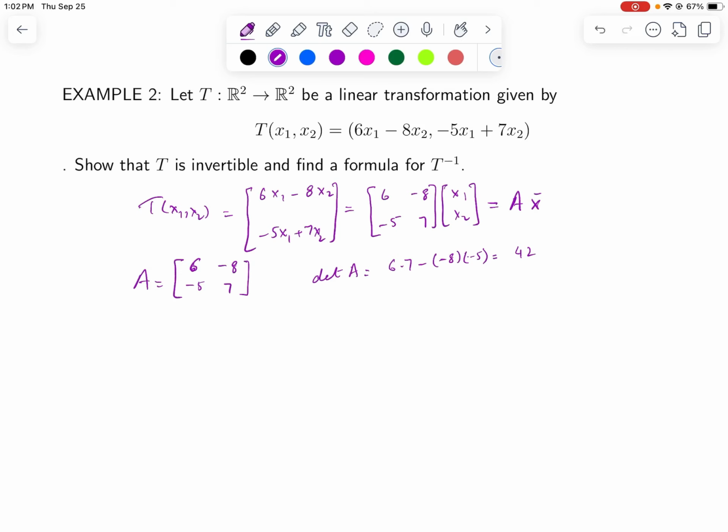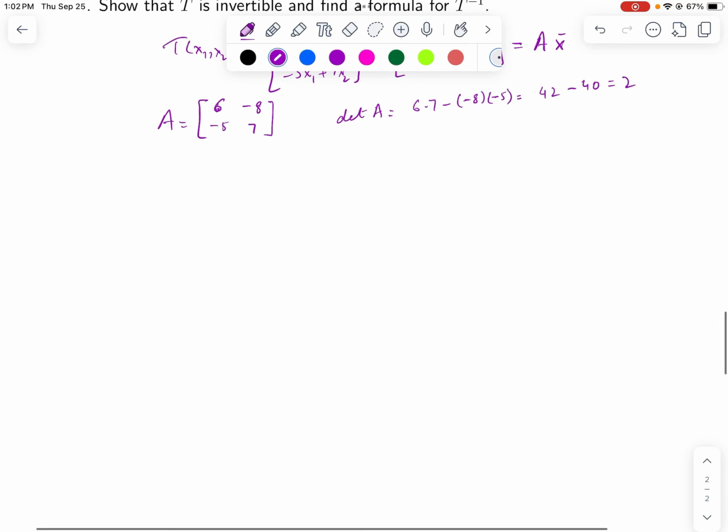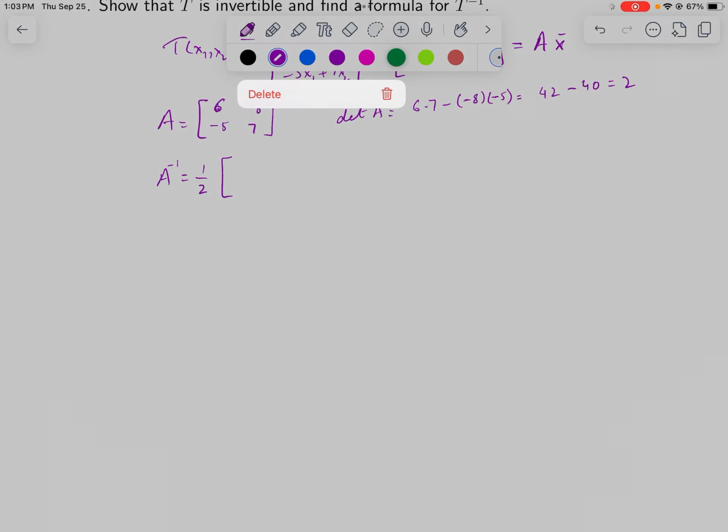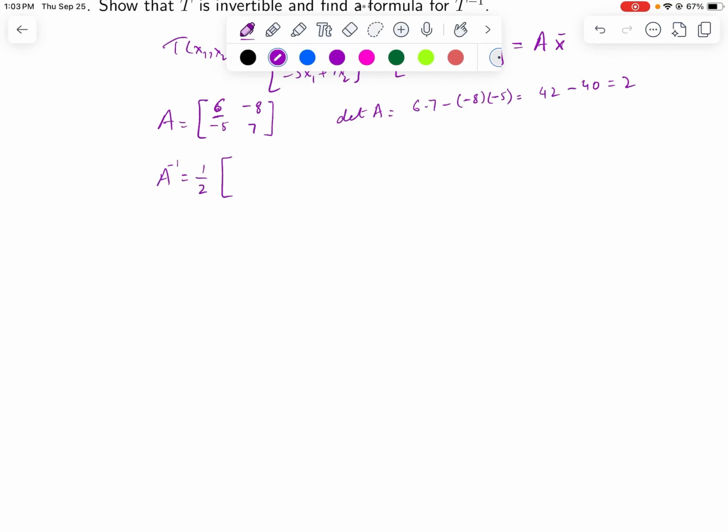We find the determinant. So determinant of A, 6 into 7 minus -8 into -5. So I get 6 times 7 is 42 minus, so this minus negative, there are 3 negative signs, so we get a negative, minus 40, we get 2.